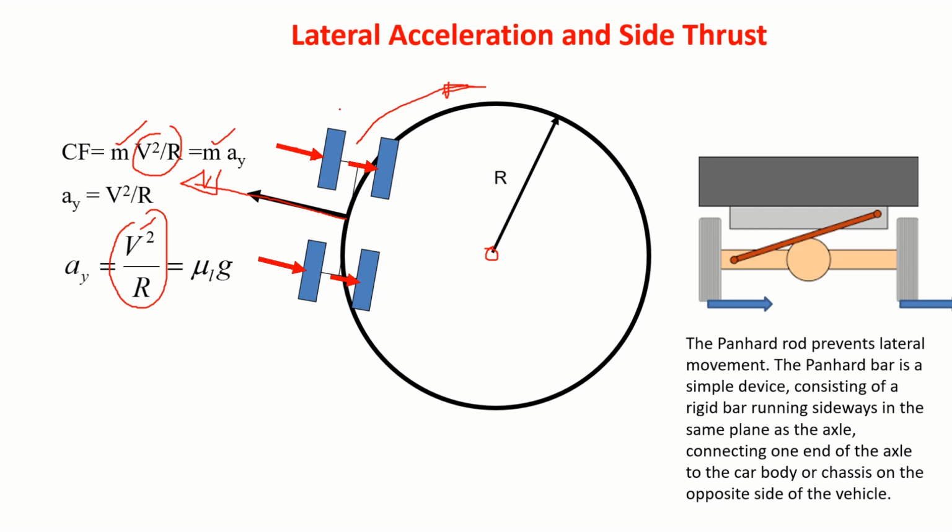So there is going to be more load on the outside wheel, less load on the inside wheel. That's why the reaction will be larger on the outer wheel and the reaction will be less on the inner one, because of this wheel trying to slide like this.